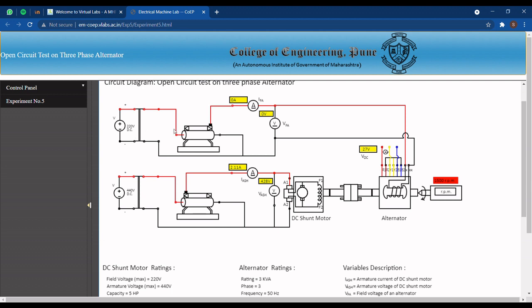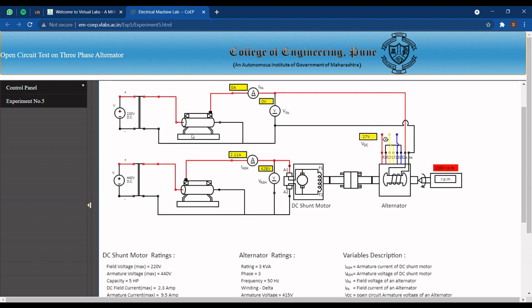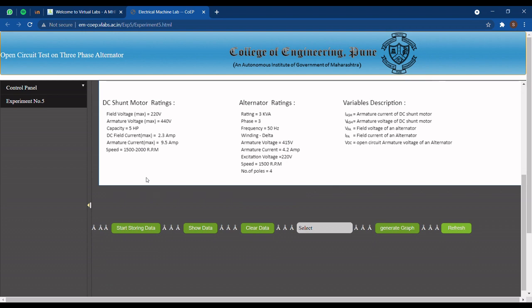To perform the OC test, open circuit test, we have to plot the phase voltage of the alternator versus the field current of the alternator. To do so, we have to gradually increase the field current and note down the alternator phase voltage. So let us start storing this data.